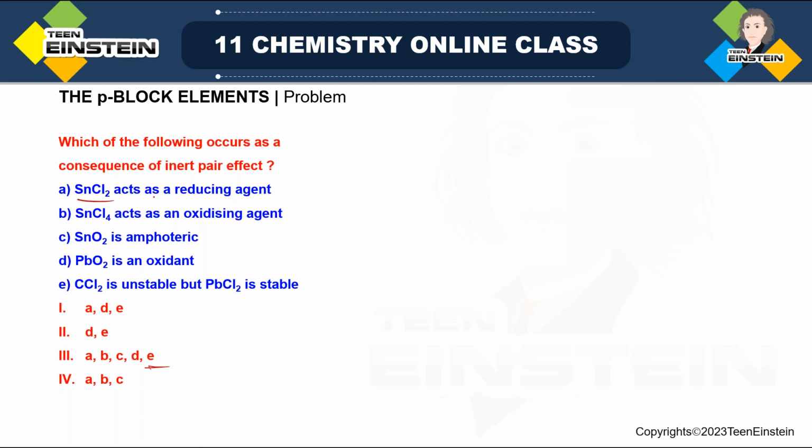Okay. The first one is saying that SnCl2, that means Sn in 2+ state, is acting as reducing agent. That means it is giving 2 electrons and itself is converted to 4+ system. Now it is true that it is reducing agent. We have just discussed that because reduction potential value is very low.